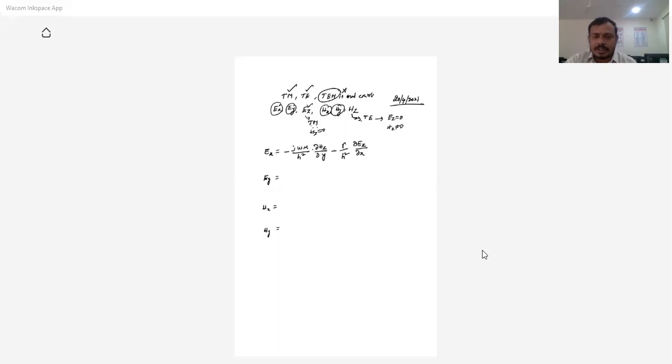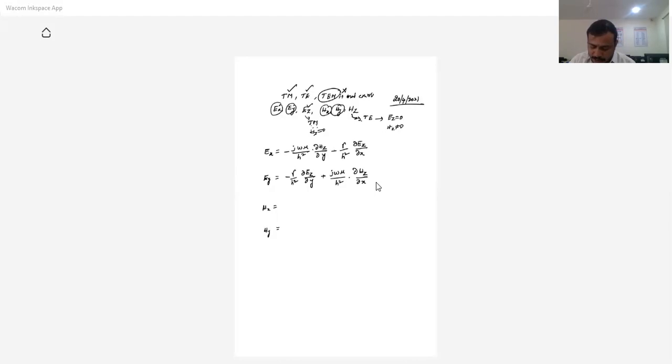In the same manner, EY is minus gamma by h squared into dou EZ by dou Y, plus j omega mu by h squared into dou HZ by dou X. This is the electric field component in the X direction, and this is the electric field component in the Y direction.